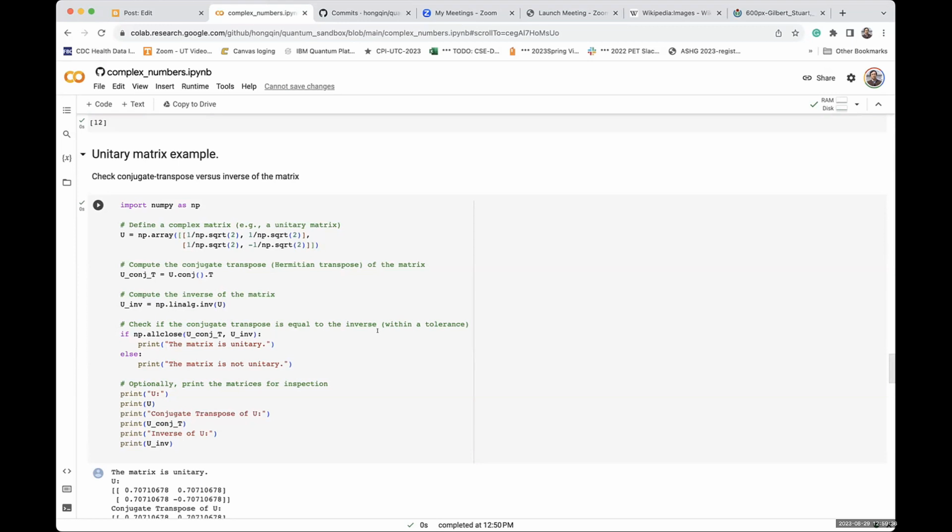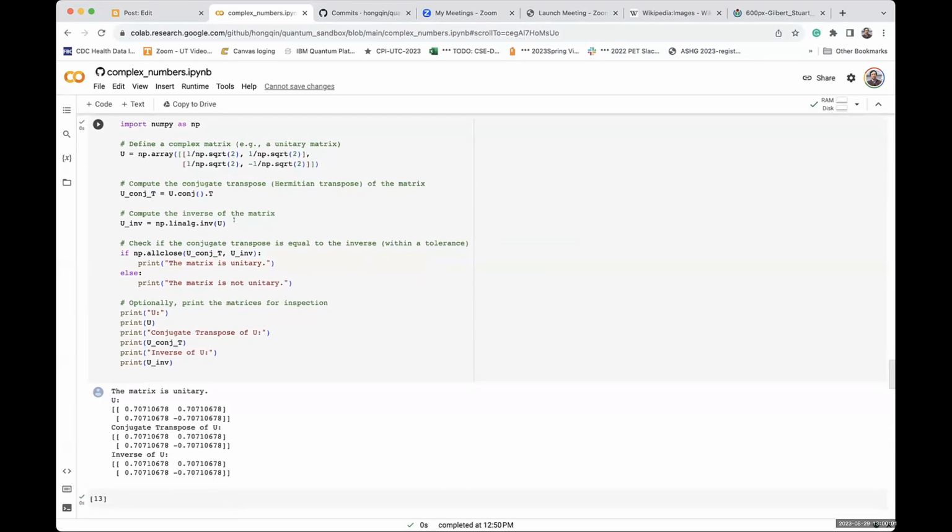The unitary matrix definition is basically a matrix times its inverse becomes the identity matrix. So let's see whether we have an example here.